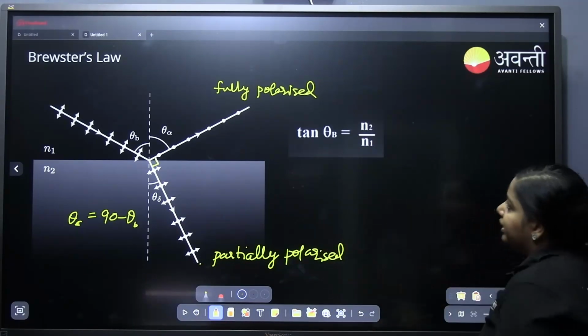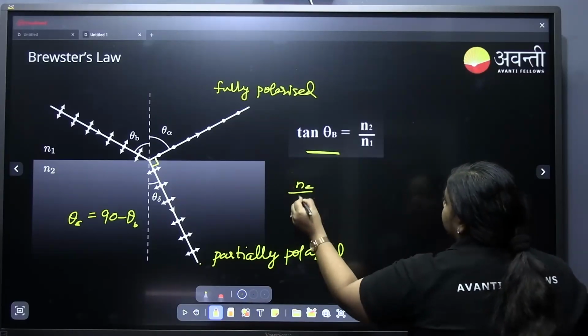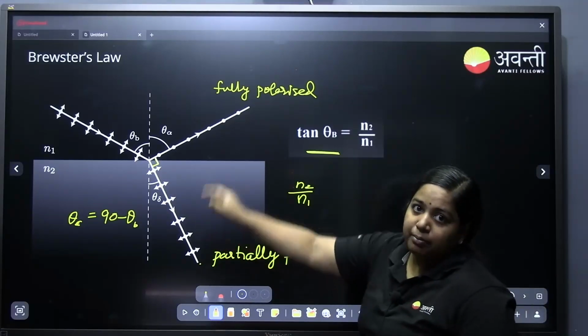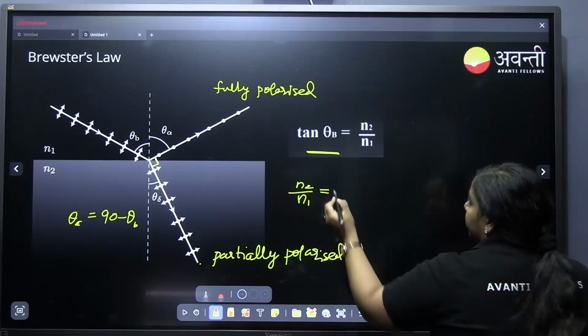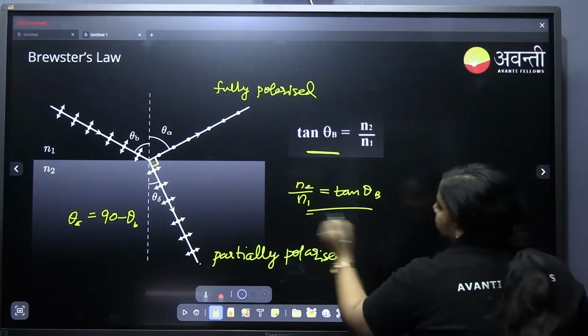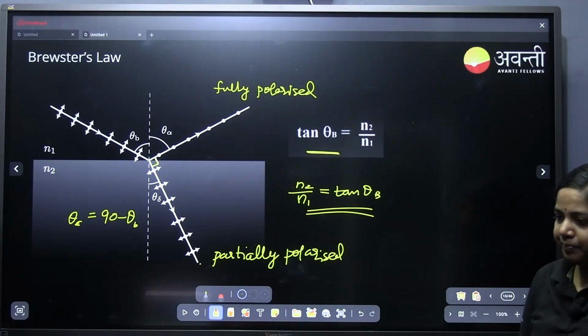On substituting that, we will get the formula N2 by N1, where N2 is the second medium, the denser medium, and N1 is the rarer medium. N2 by N1 equals tan theta b. Okay. Is there any doubt?